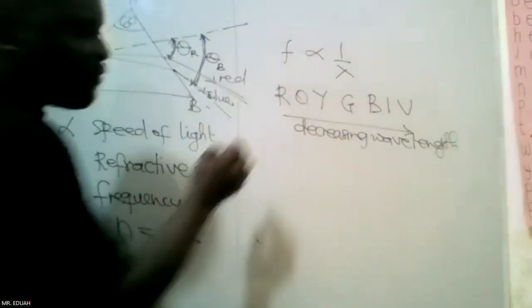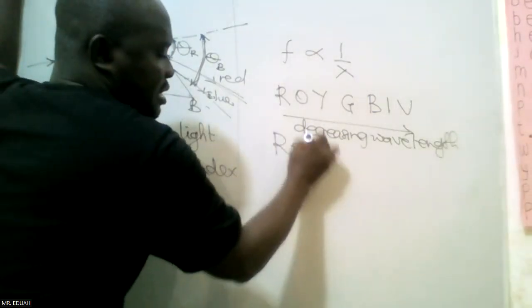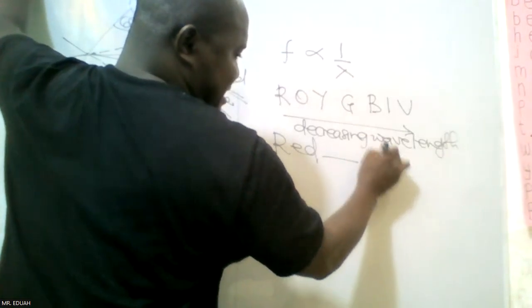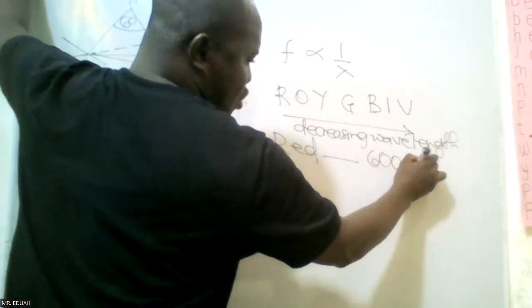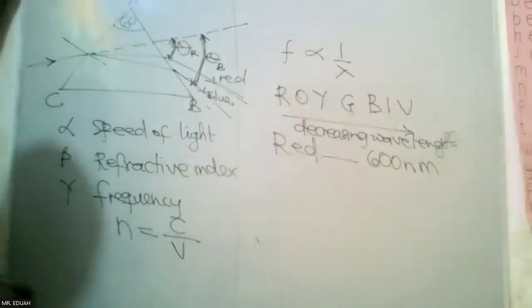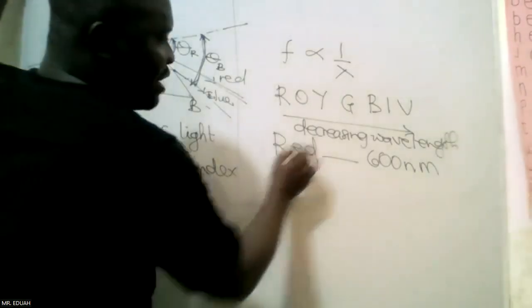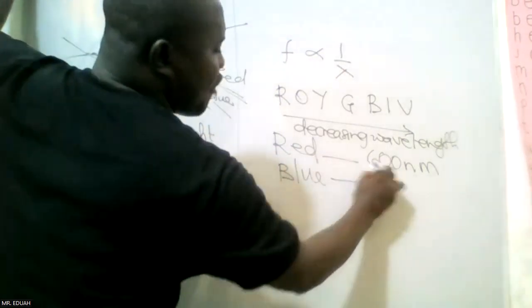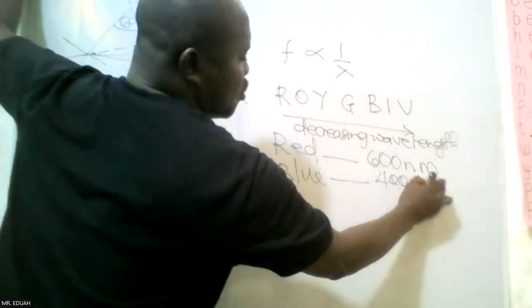The wavelength of red color or light is around 600 nanometer. Then the wavelength of blue is around 400 nanometer.